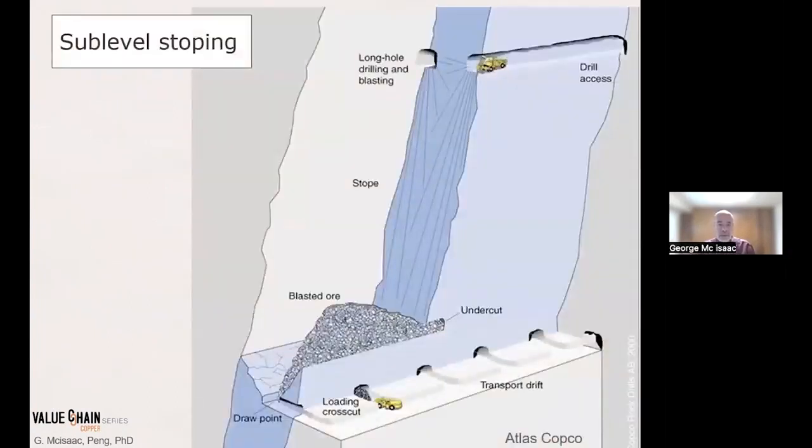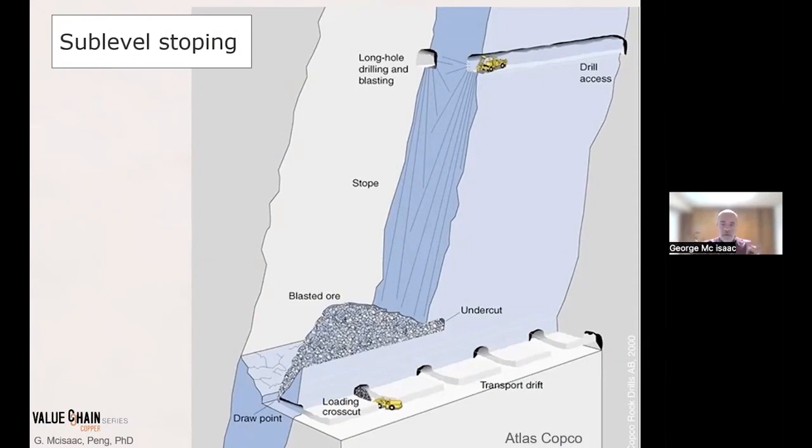The last mining method I wish to show you is sublevel stoping. In this picture, we have this vein in blue. There's some development at the bottom and some distance upwards, probably 30 meters in this drawing, there's another level. That's why we call those sub-levels.